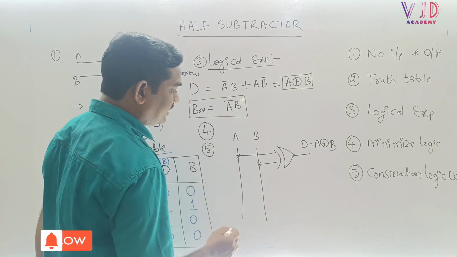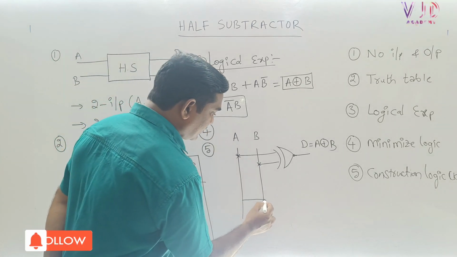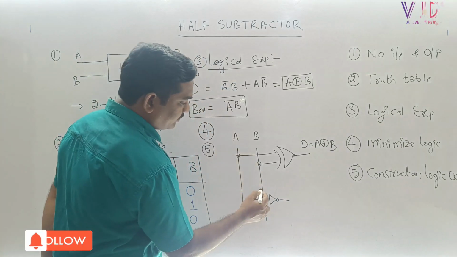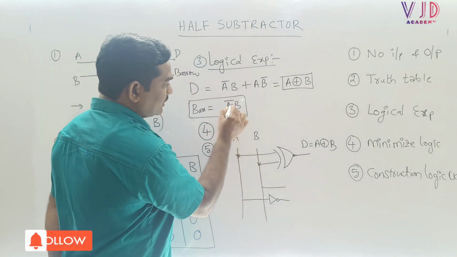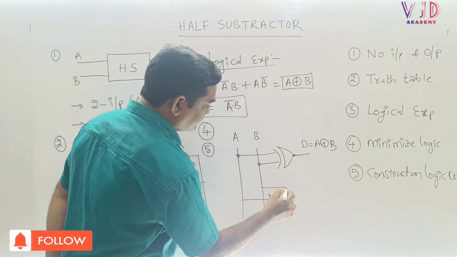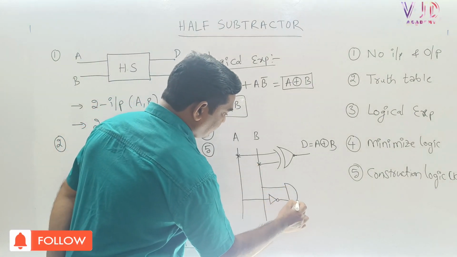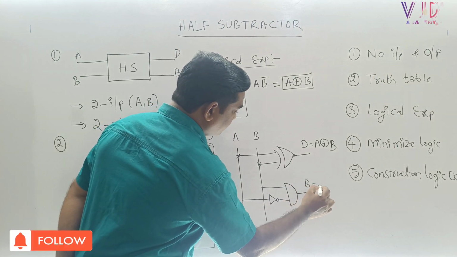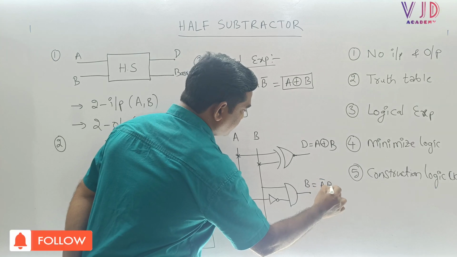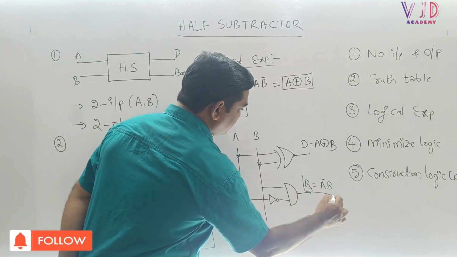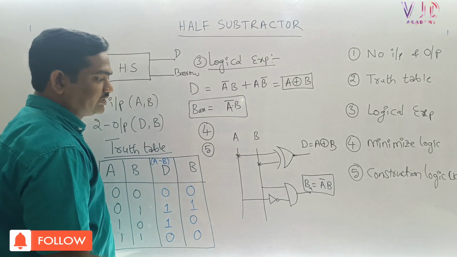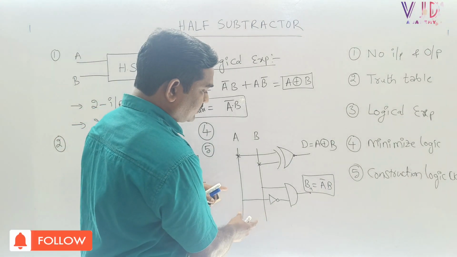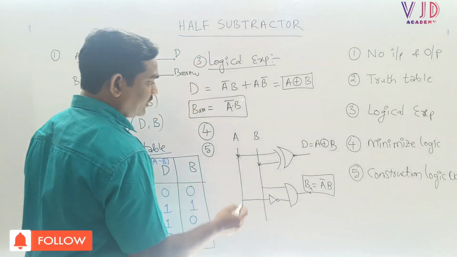Since the input is a, we need to take one NOT gate, and the second input is b. Between a bar and b there is an AND gate, so we need to take one AND gate. Let us write the borrow output equal to a bar b. See, here the borrow output is a bar b. This is the output expression, and this is the logical circuit diagram.